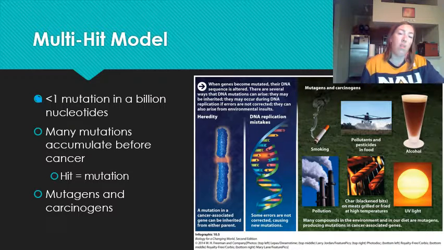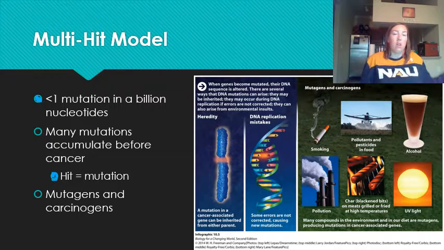And then there are some others too. But the point is, you have to accumulate a lot of mutations before you get cancer. And this is called the multi-hit model, where each hit is a mutation, just for the verbiage there. You have to really accumulate a lot to get cancer.